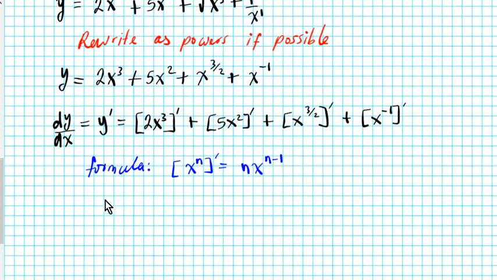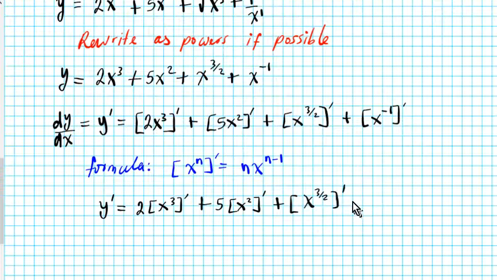Let's factor out first. So we have y prime is equal to factor out the 2, x to the third prime, factor out the 5, x squared prime. There's nothing to factor out here, so let's leave it alone for now. And then that one, let's leave it alone for a second.